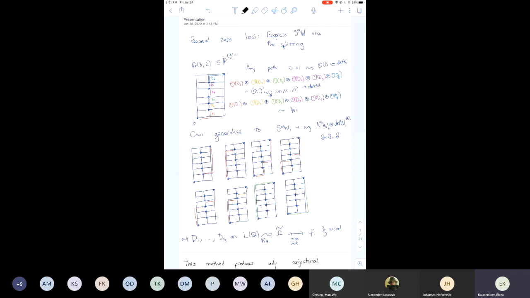So what you need to do is express whatever the vector bundle cutting out your subvariety is via a splitting. So if you look at Gr(2,6), sitting inside the product of projective spaces, the ladder diagram here looks like this. And I've told you that any path you want, going from the source to the vertex I've labeled 1 in the picture, corresponds to a divisor.